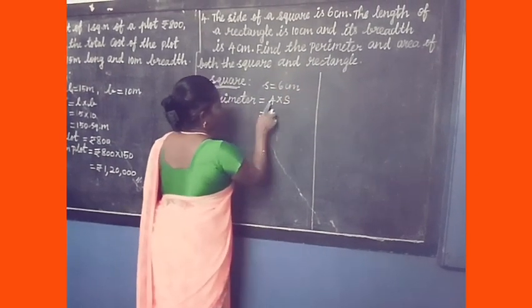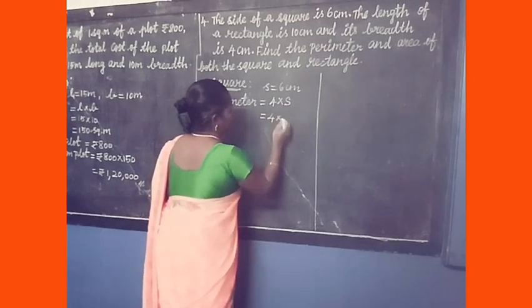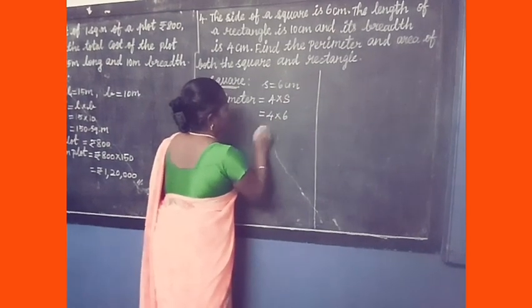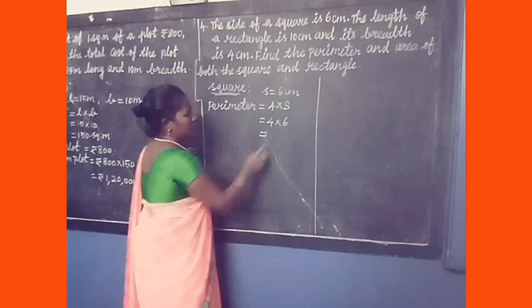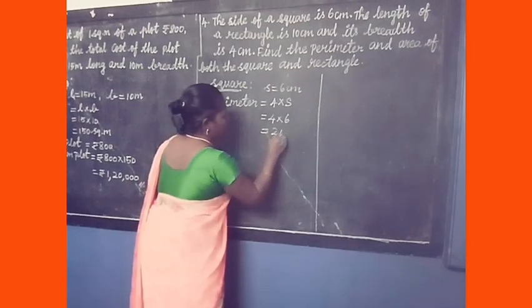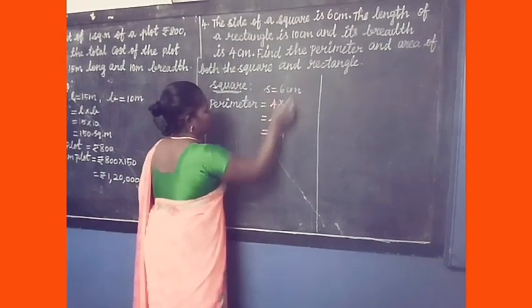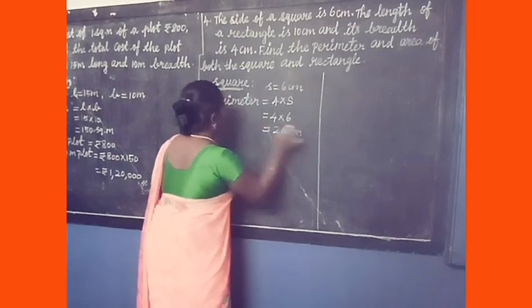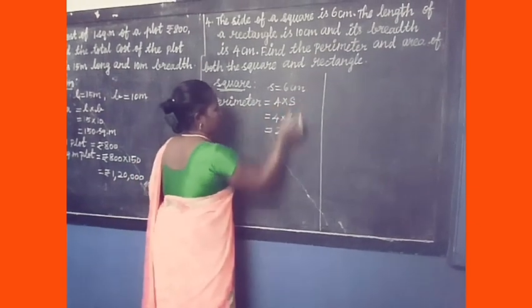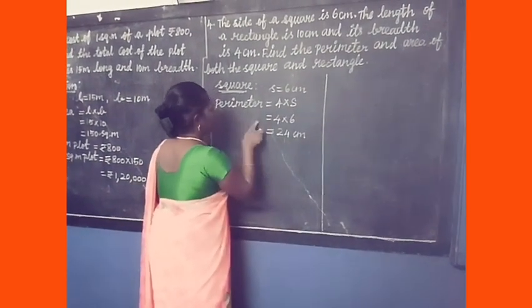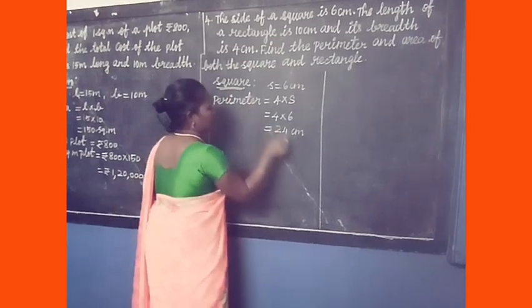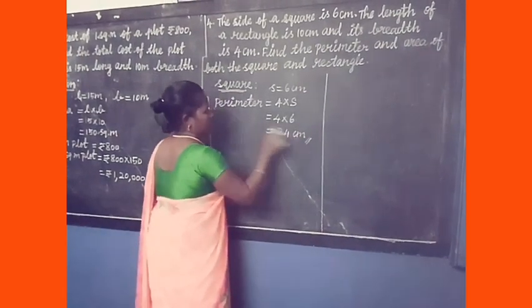So 4 into S means 4 into 6. So 6 fours are 24. What is the unit value? Centimeter. When we find the perimeter, we write only the unit value. So the perimeter of the square is 24 centimeter.